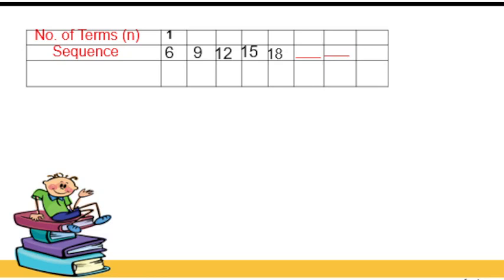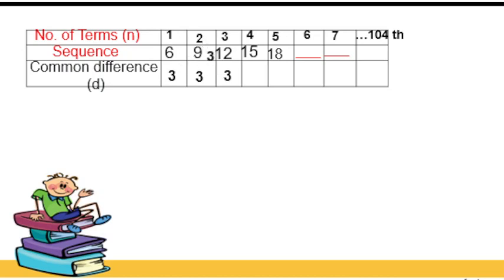Okay, so we have the positions of the sequence: 1, 2, 3, 4, 5, 6, 7, and let's get the 104th term. Let's first get the common difference. The common difference of 6 and 9 is 3, 9 and 12 is 3, 12 and 15 is 3, 15 and 18 is 3, and the next number is 3.